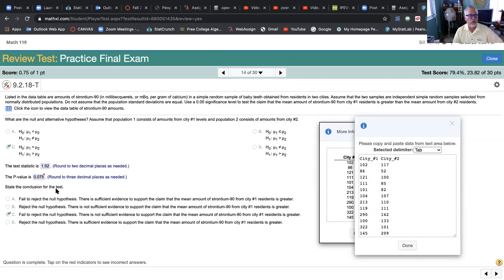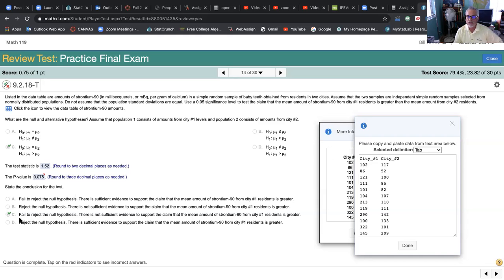And now we can make a decision by comparing the 0.075 to the given significance level of 0.05 up here. When the p-value is higher than the significance level, then H naught will fly. So we fail to reject. We, in effect, accept H naught.